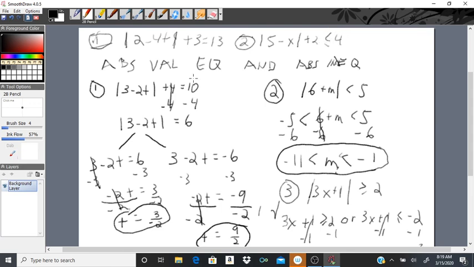The first one corresponds to problem number 1, which is an absolute value equation. And problem number 3 corresponds to the problem number 3 that we just did, and the one I want to give you for that is the absolute value of 2y minus 4, greater or equal to 8.